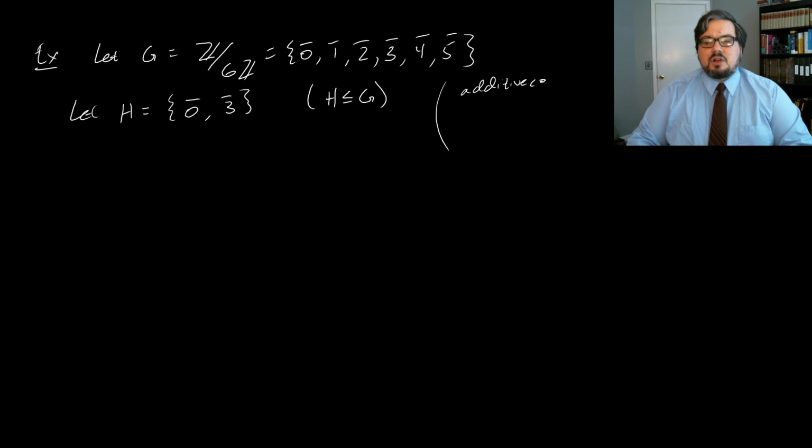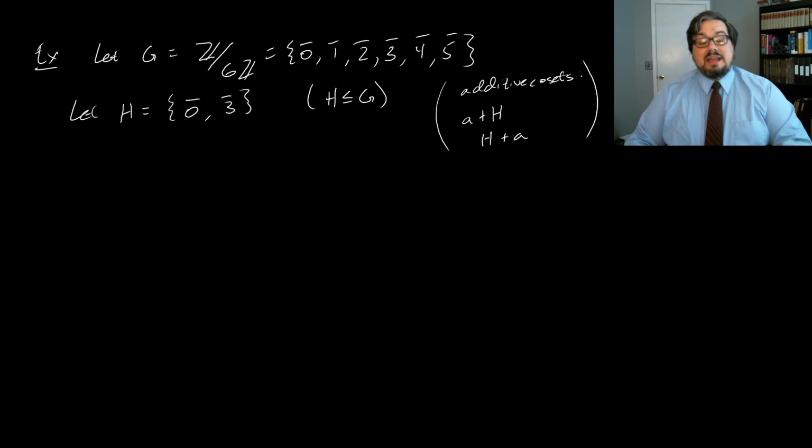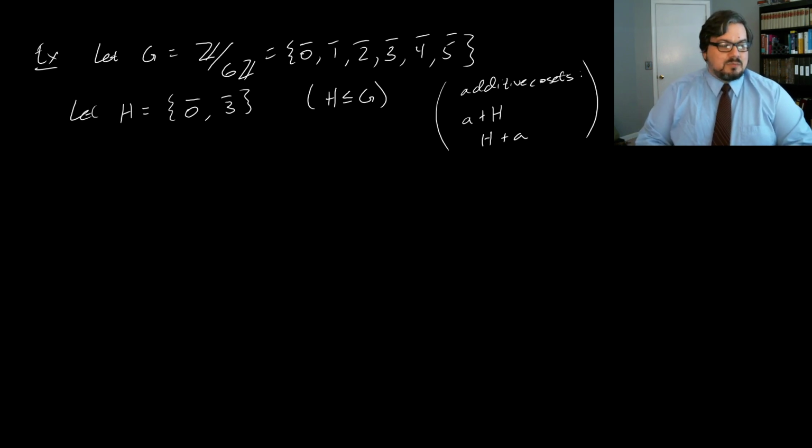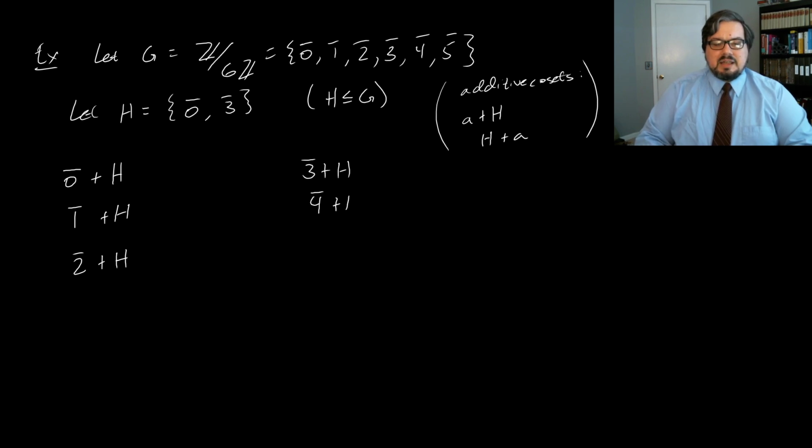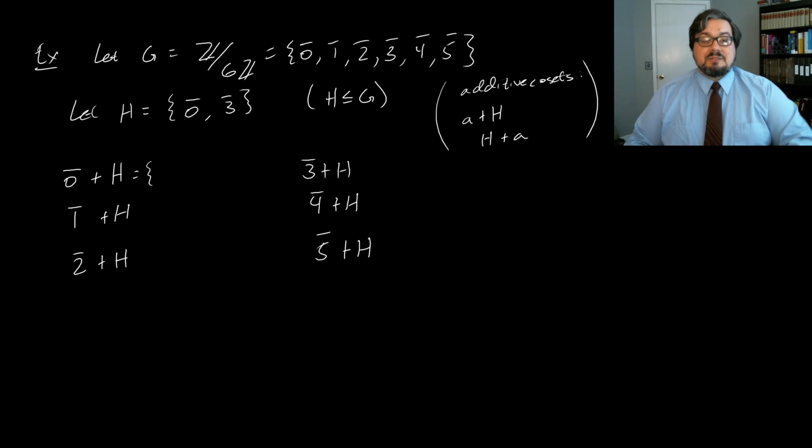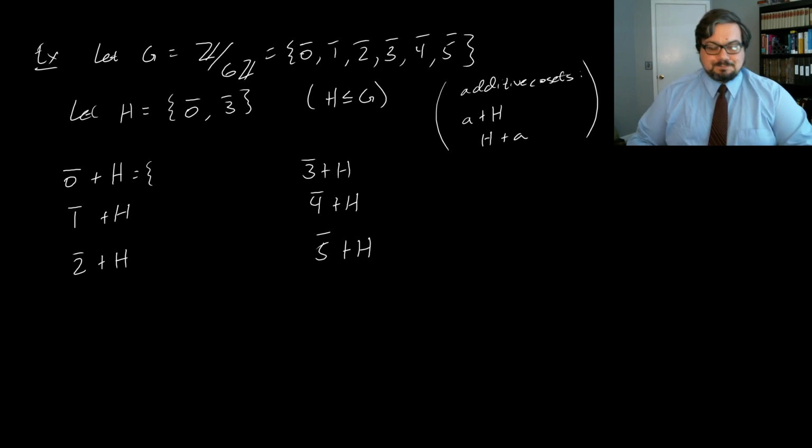Additive cosets will typically look like A plus H or H plus A, rather than the A times H and H times A that we have in the multiplicative case. So we have the following cosets. We're going to look at 0 plus H, 1 plus H, 2 plus H, 3 plus H, 4 plus H, and 5 plus H. There are 6 different representatives of a coset.